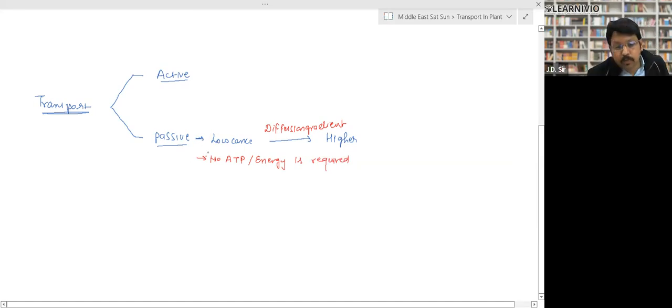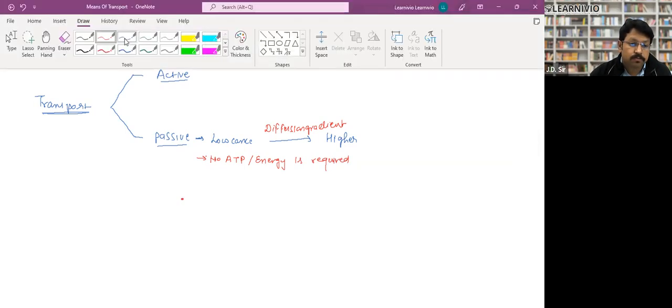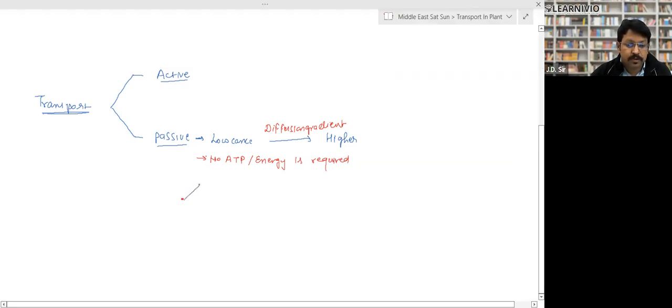Passive transport may be of the following types, right? It may be of two types. First, this is simple diffusion. So there are two things for passive transport. Energy is not required for that. It will always be in the direction of diffusion gradient, right?